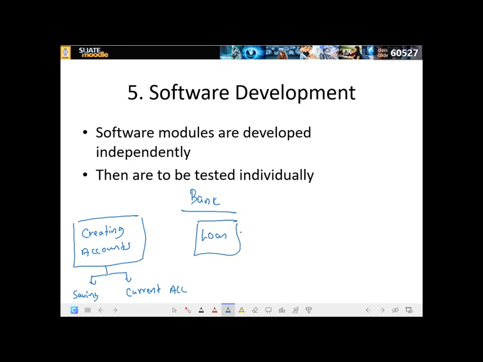Then we need another application module for the credit card department, the credit card issuing process. Then we need another application module for the ATMs, automated teller machines. In this way, students, we build the parts we need, then they are to be tested individually.